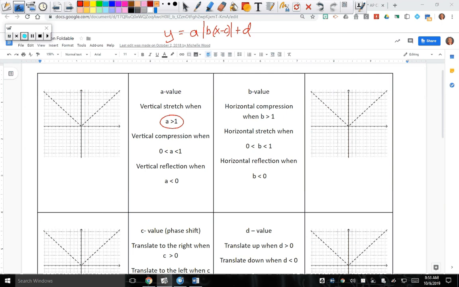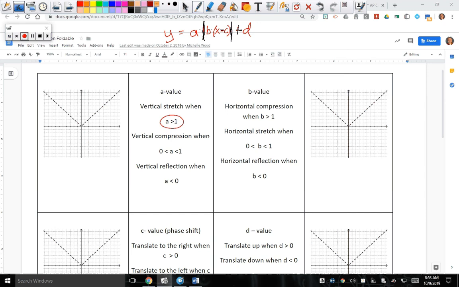I know it's a lot, but I will make it easy for you. So a is multiplying this whole absolute value piece. b is multiplying inside. c is either subtracting or adding. And d is either subtracting or adding.